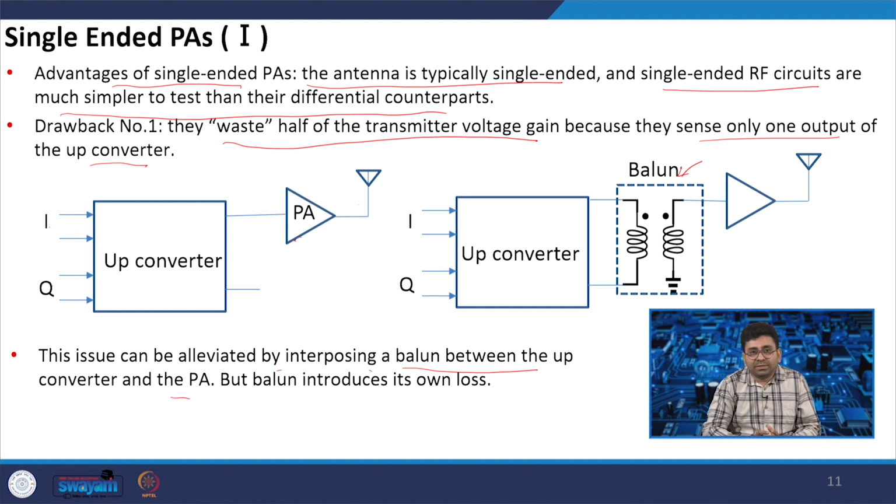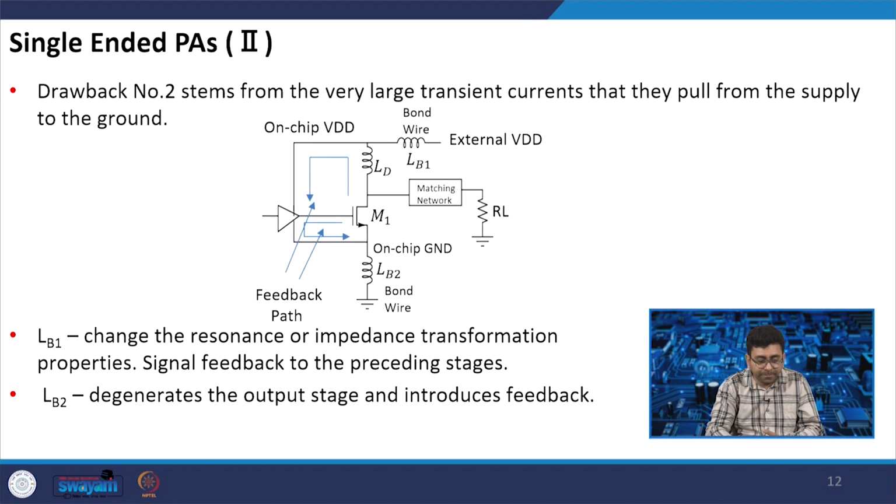If you have a single ended PA, we will see more issues. Another drawback is that there is a bond wire inductance between the external VDD and the internal point at the power amplifier, and a bond wire at the source side.